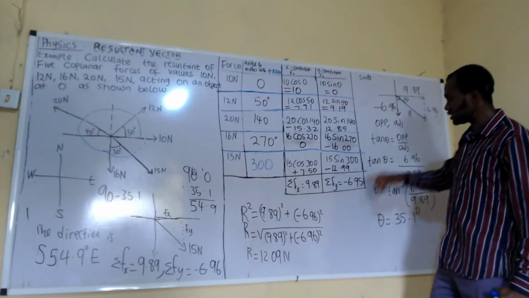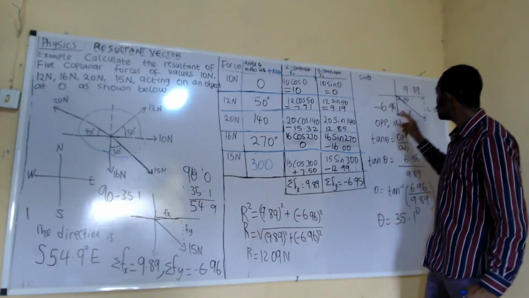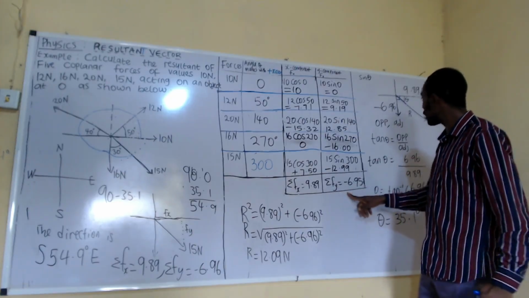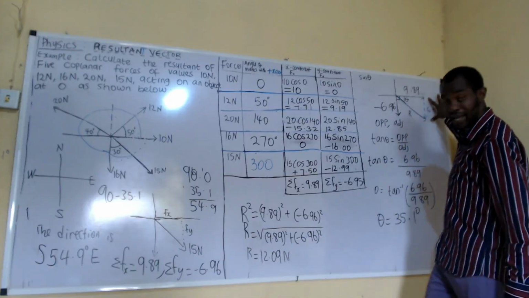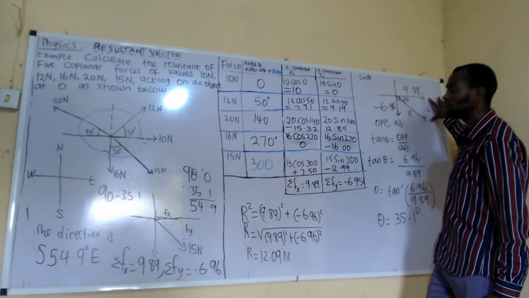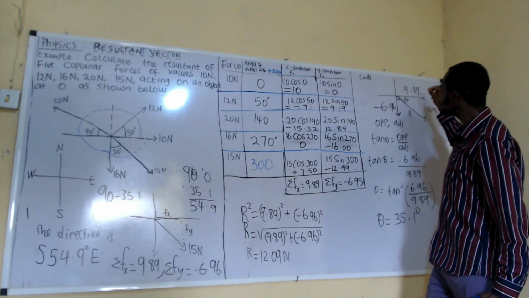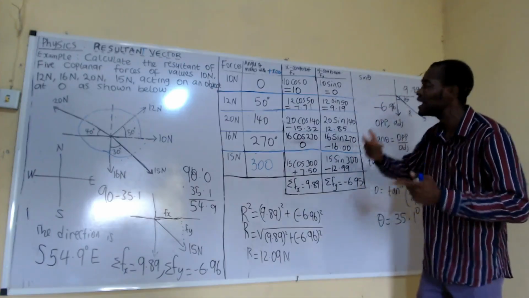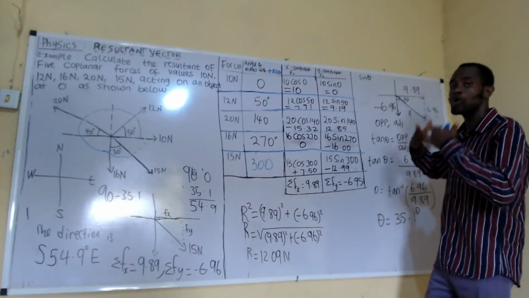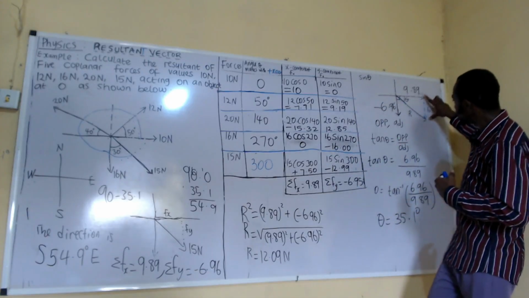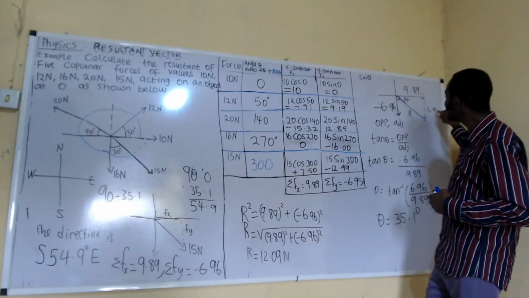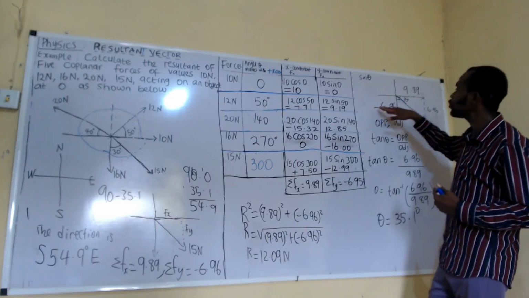Recall, once you have gotten your x component vector and your y component, endeavor to draw it on a diagram so that you'll be able to get the magnitude of your resultant vector correctly and your angle correctly. We call this part the opposite, which was 6.96. We omit the sign.